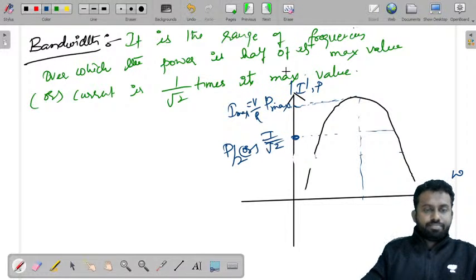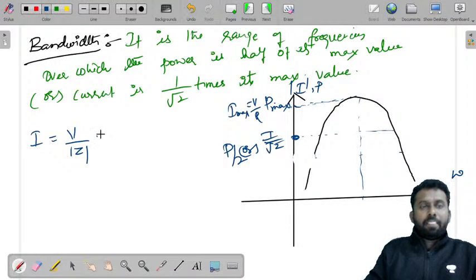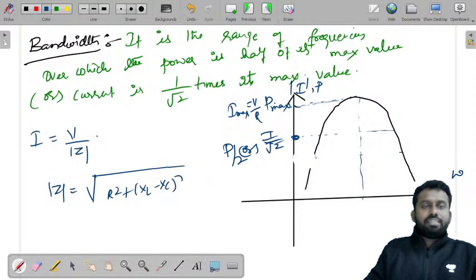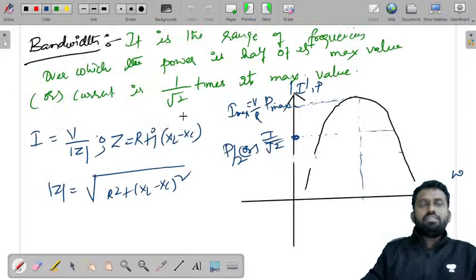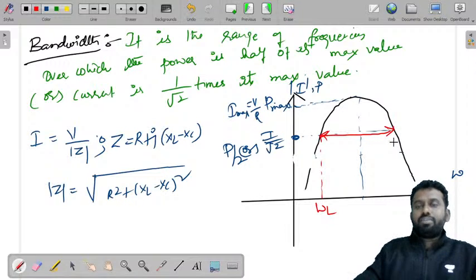V by R. So you can write I is equal to V by Z, where mod Z is root over R square plus (XL minus XC) whole square, since Z is equal to R plus j(XL minus XC). Therefore, this range of frequency, this is the lower cutoff frequency, this is the higher cutoff frequency, and this range is called the bandwidth.